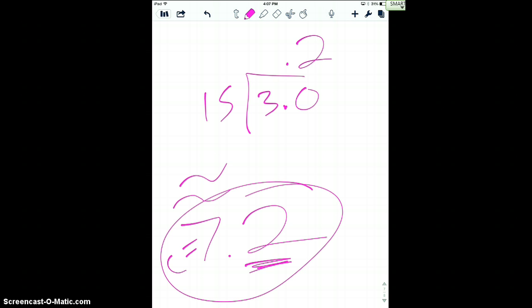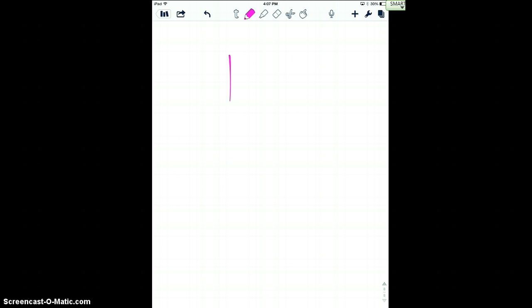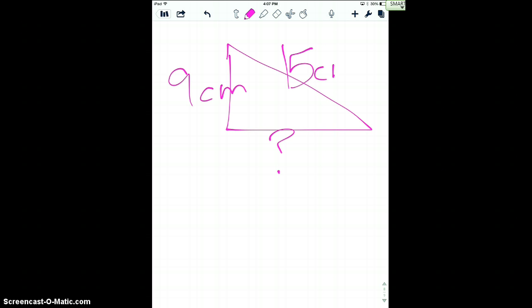Now I said that would be the last one, but I actually lied, because I haven't given you one that's a tad more difficult. Meaning, what if you have a right triangle and I say this is 9 centimeters, this is, I don't know, and this is 15 centimeters. We still have the Pythagorean theorem that the legs squared added together equals the hypotenuse squared.